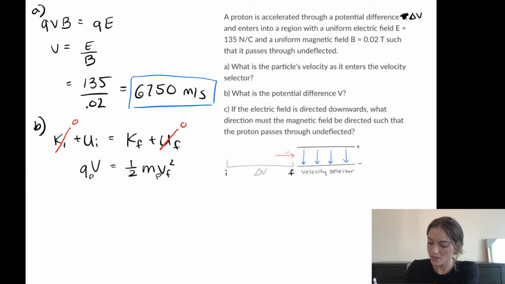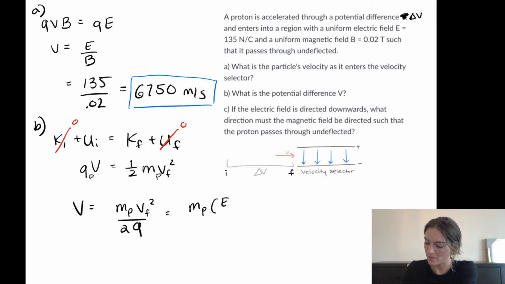We just have that the potential is the mass of the proton times Vf squared over 2q, which is the mass of a proton, and then E over B as we just found in part A, squared, over 2 times the charge. So you plug in your numbers there, and remember for the exam you'll have the mass of a proton and everything given to you on the top. You plug in all your numbers and you end up with 0.237 volts.